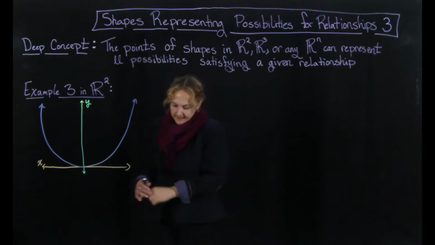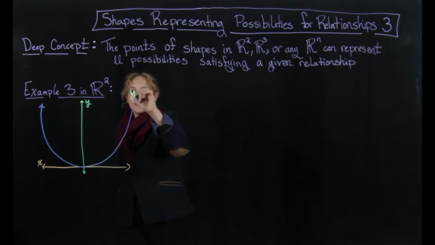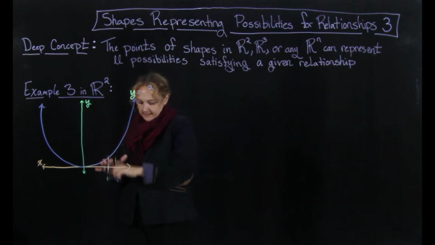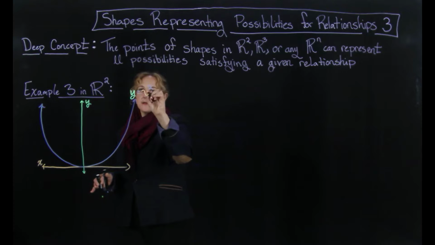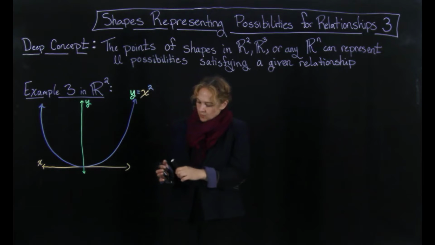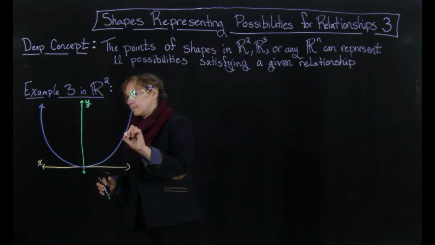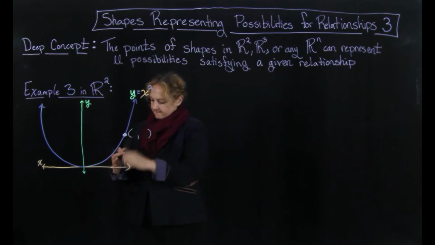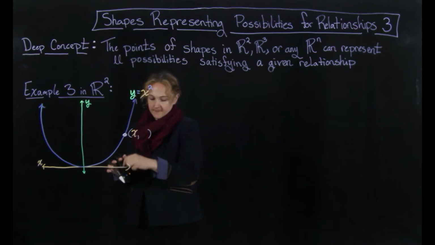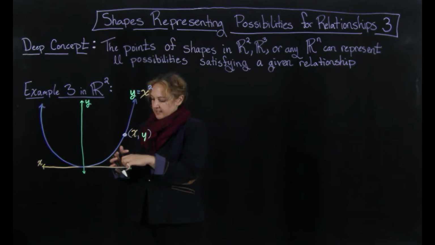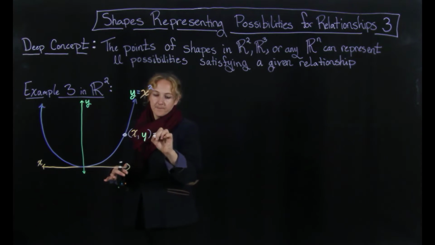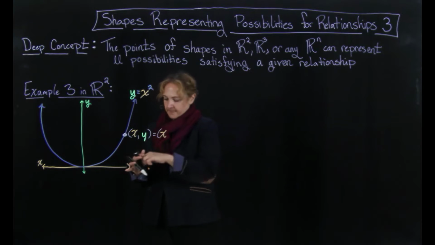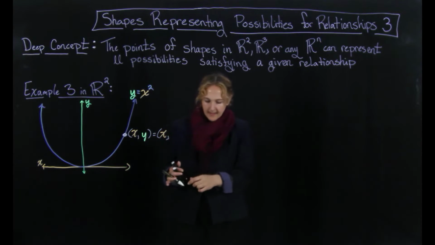And what's happening here is that y is going to equal x squared. So that's the equation for a point on here. If I took a point like this, point (x, y) is actually going to equal (x, f of x).